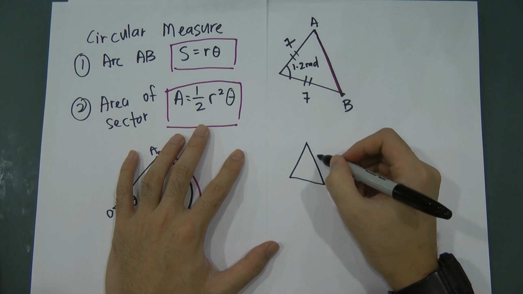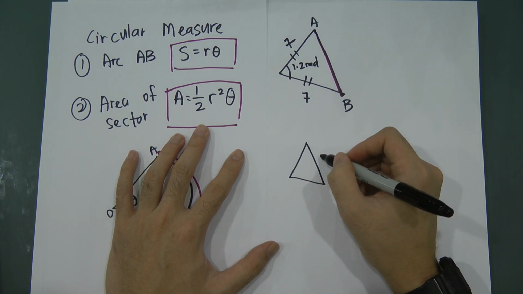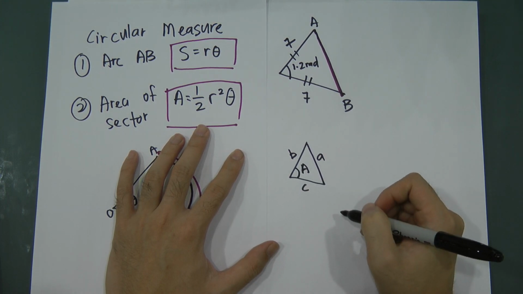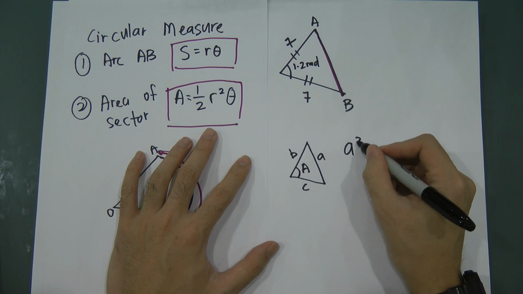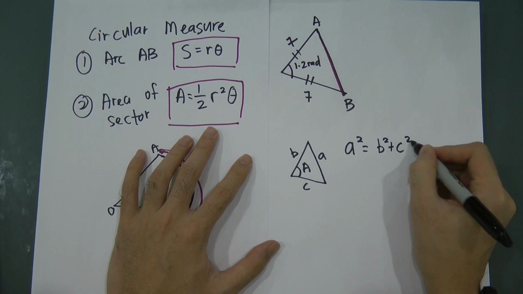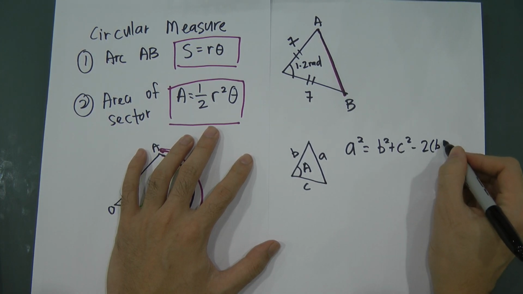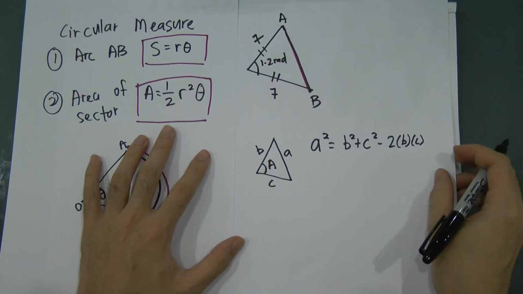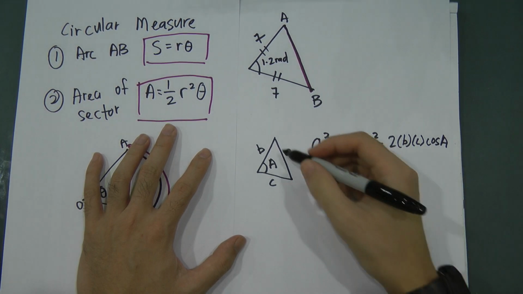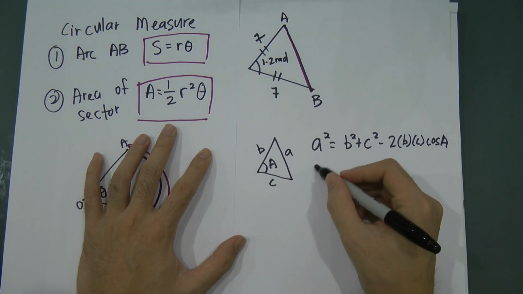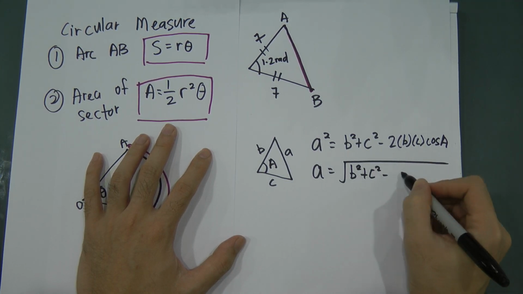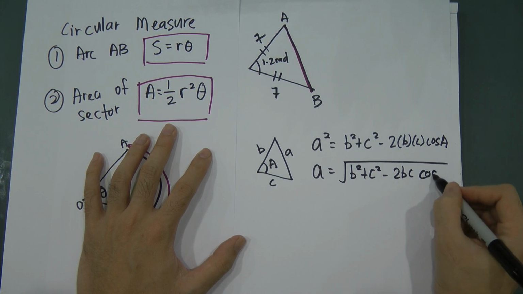Let's say I call this A, B, and C. So this one will be angle A. The formula is something like this: A square, meaning this length square, equals B square plus C square minus 2BC cos A. This is the formula to find the length of A. So A will equal the square root of B square plus C square minus 2BC cos A.